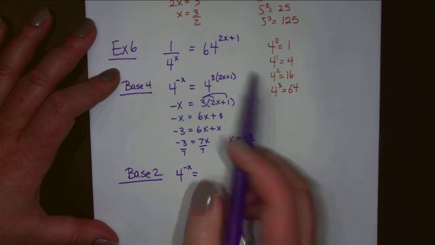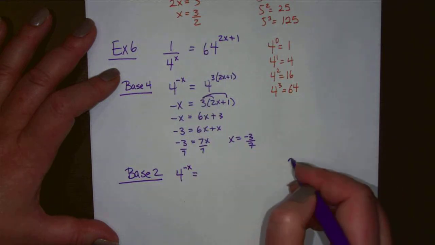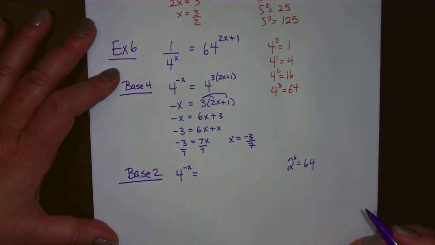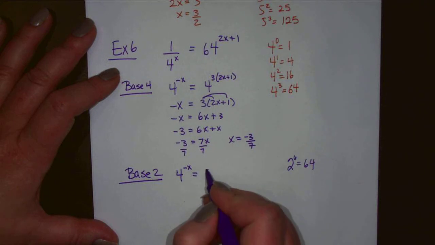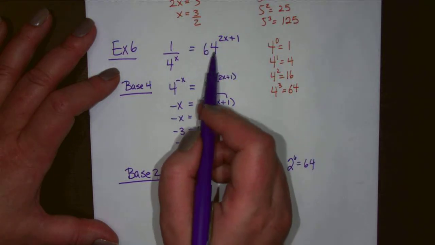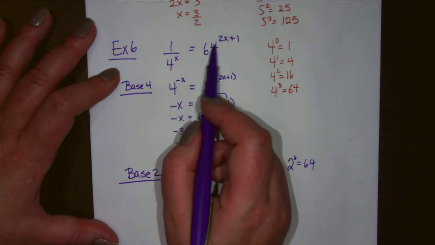And 64 as a base 2, which one was it? 2 to the power of 6 is 64. So on this side, 64 is 2 to the power 6, and we've got a 2x plus 1. So instead of 64, we put 2 to the power 6.